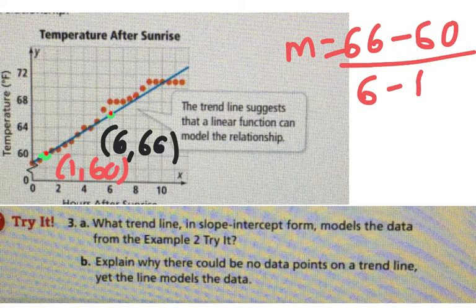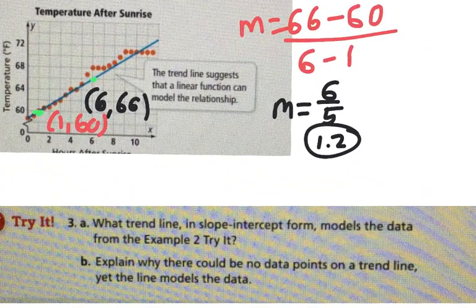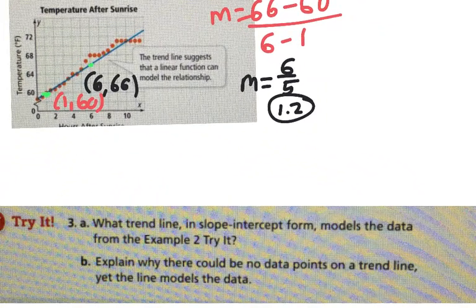When I do this math, that gives me the slope is equal to 6 over 5, which is 1.2. Six divided by 5, if you put that in your calculator. You could leave it at 6 over 5, or you could make it 1.2. I don't care. Both are right. There's not one more right than the other.